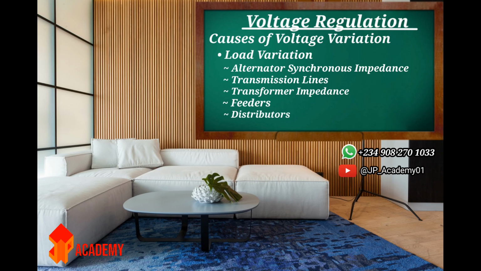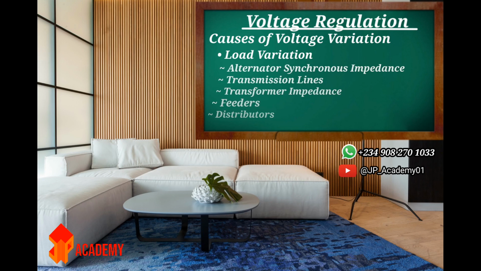So such voltage variations, that is overvoltage or undervoltage, are undesirable, and the supplier is required to maintain the voltage at the consumer's premises within prescribed limits so that the consumer's apparatus or equipment may operate satisfactorily.